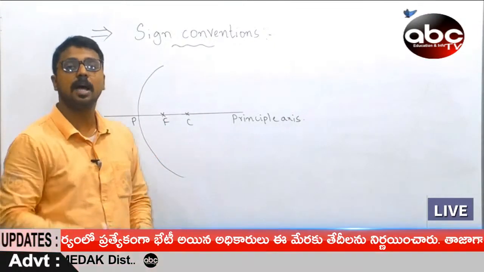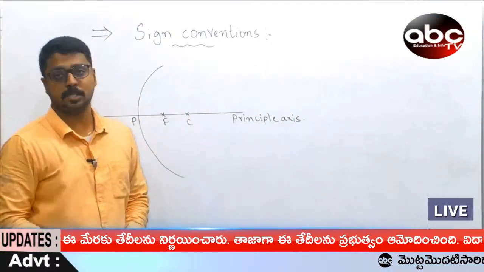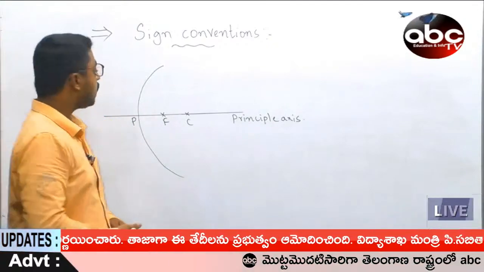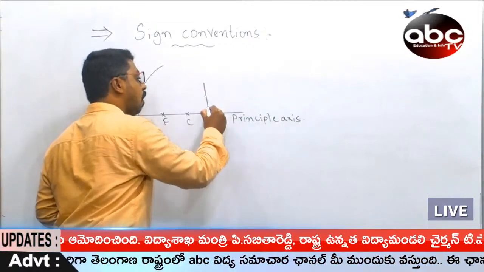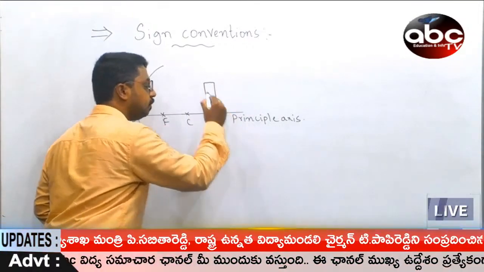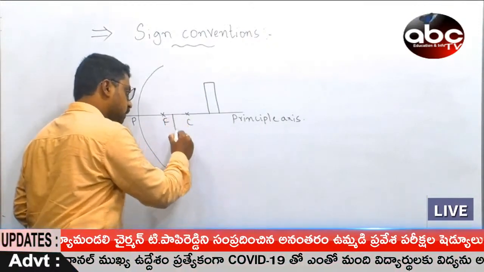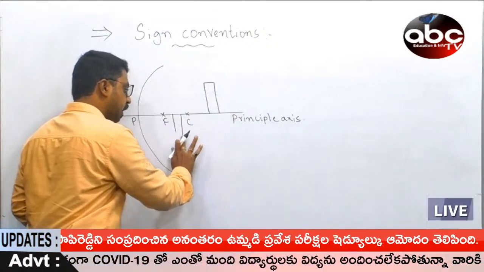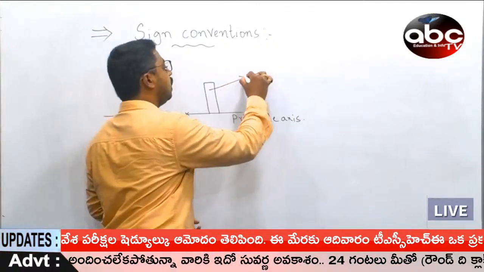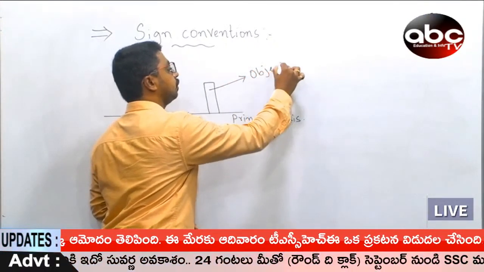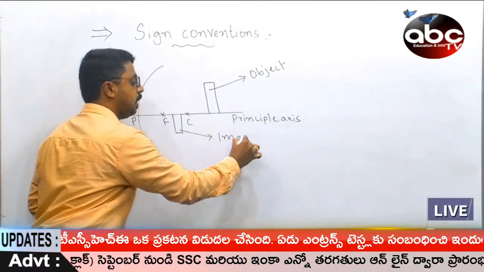We want to measure the height of an object or an image, whatever it may be. So if we observe a concept here, if you place an object here, we are able to obtain an image here.